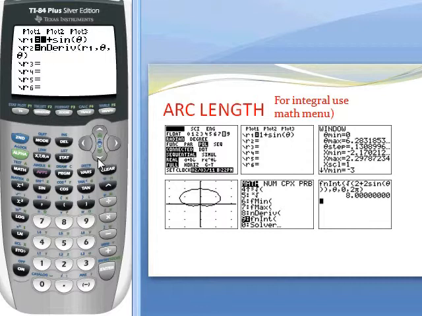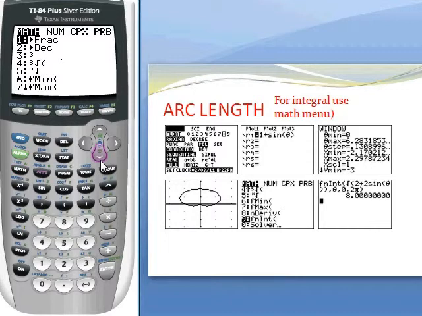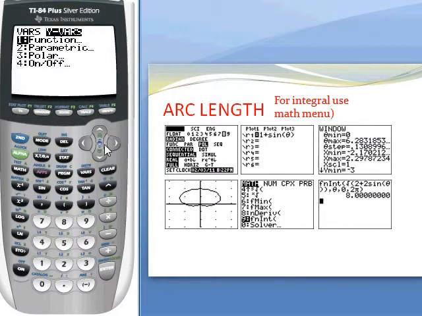So once you have the R2, you can let your calculator get the derivative. How? You can go to math and go down, and that's built into your calculator. You might as well use it. And derivative. Do you see that? The way you enter that is, well, derivative of what? R1. So you have to get R1 from variable Y-bar and make sure you go to polar.